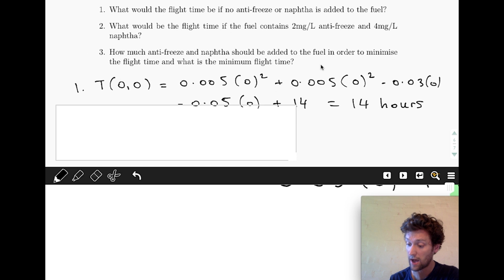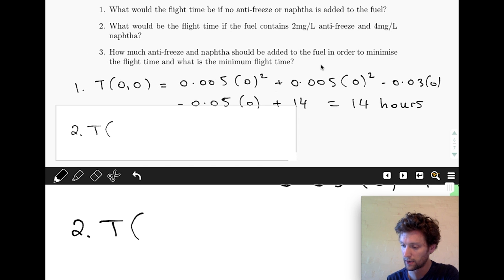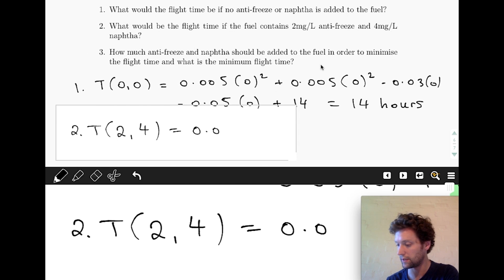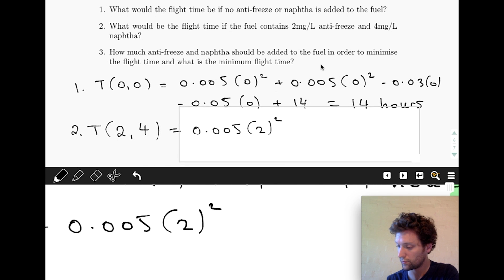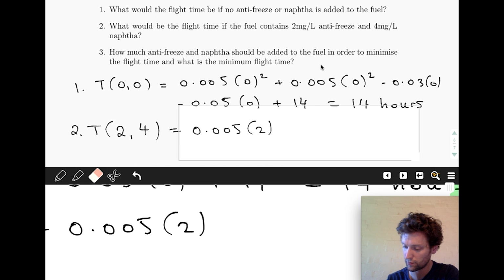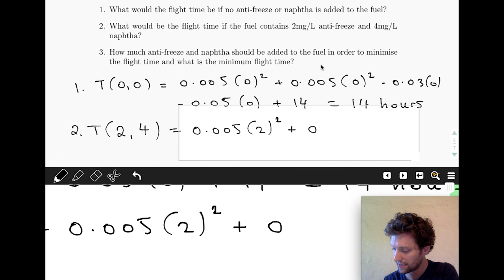The second part is, what is the flight time when I'm burning fuel containing 2 milligrams of antifreeze and 4 milligrams per liter of naphtha? So substituting in A is equal to 2 and N is equal to 4.